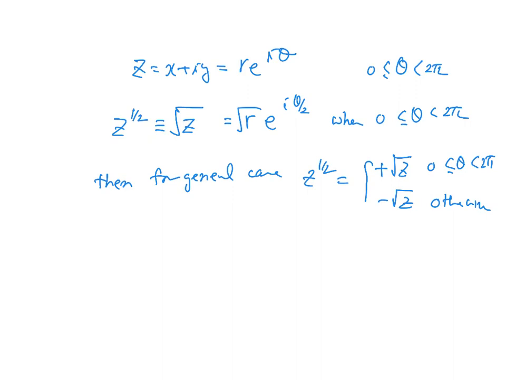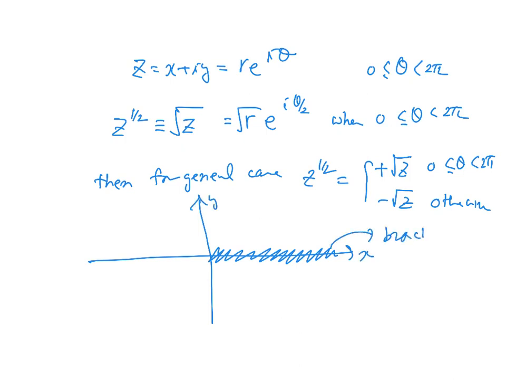So for example, we can make a barrier in the xy plane called a branch cut. And if there's a point above this, x, and this is x exponential 2 pi i.